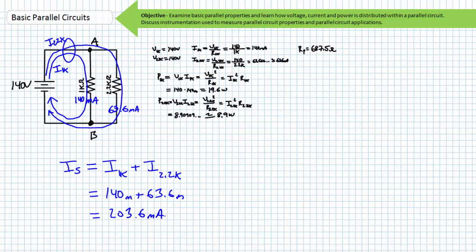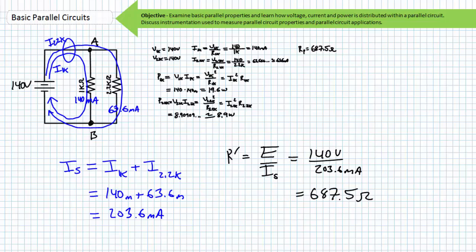imaginary resistor I'll call R prime. Just out of curiosity, what might be the resistance value that draws 203.6 milliamperes when supplied by a 140 volt source? Ohm's law states that 140 volts divided by 203.6 milliamperes yields a total resistance of 687.5 ohms. Oh my gosh.